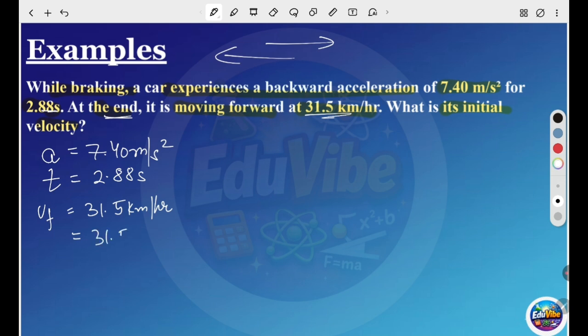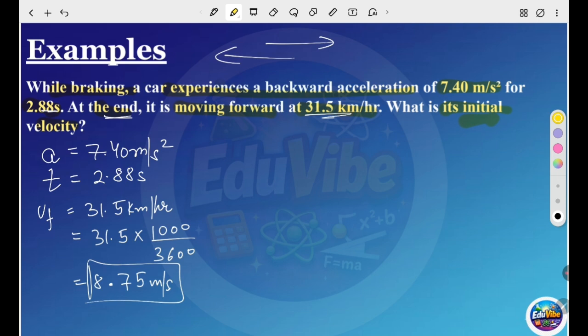So we multiply 31.5 by 1000 divided by 3600. When we multiply this, we get 8.75 meter per second.